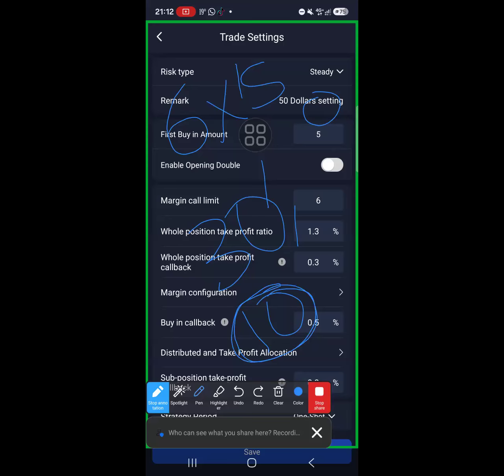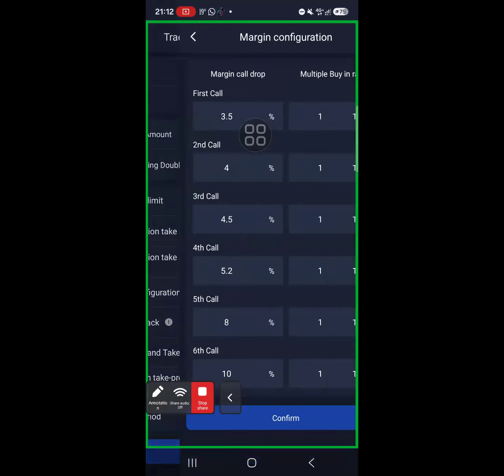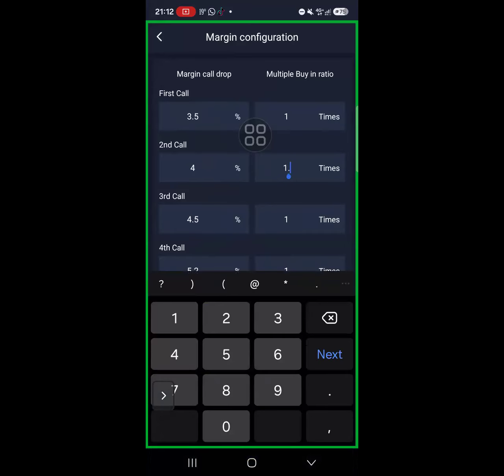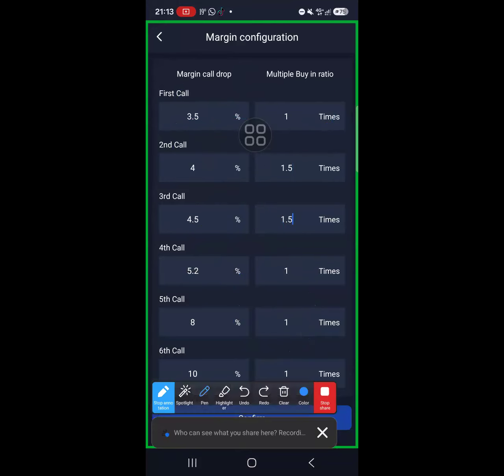And probably we tell the robot somewhere here, instead of buying 1, let it buy 1.5. Okay? We can give 1.5 here, 1.5 here. We are trying to put all the money now because we don't want anything to remain.